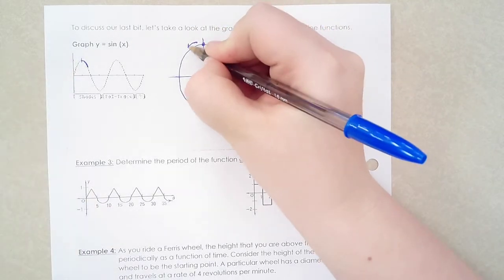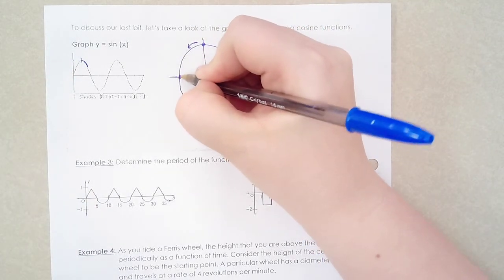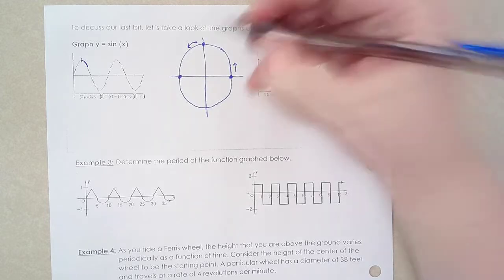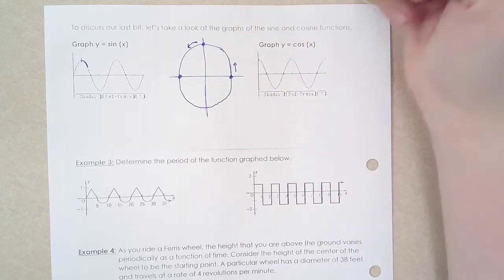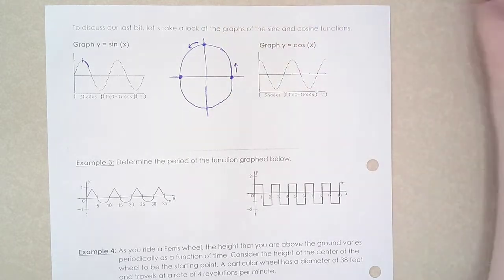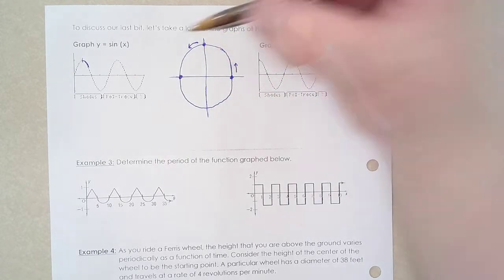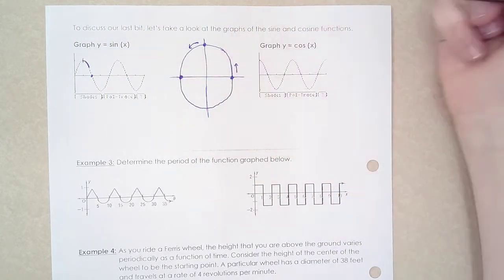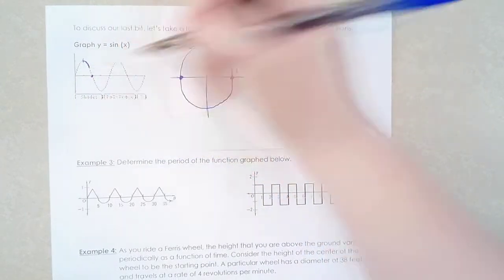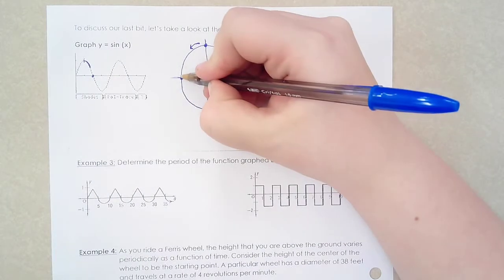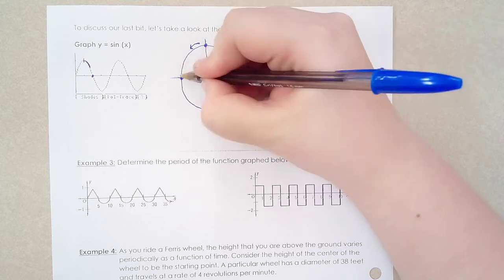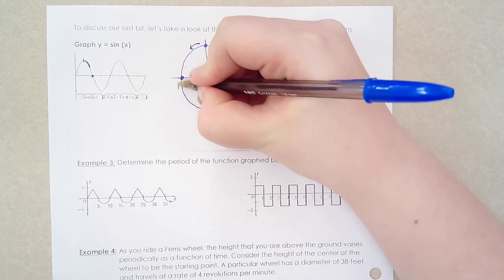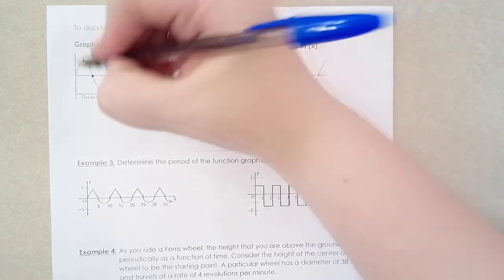Now, I eventually hit a point right here where I return to the x-axis where I started. You'll notice whenever my unit circle intersects the x-axis, so does this graph. So where I have a 0 on my unit circle, I also have a 0 on my graph. But when I get to that 0, I don't suddenly pop back up and start going upwards. I continue going downwards, which is what you see on this graph.